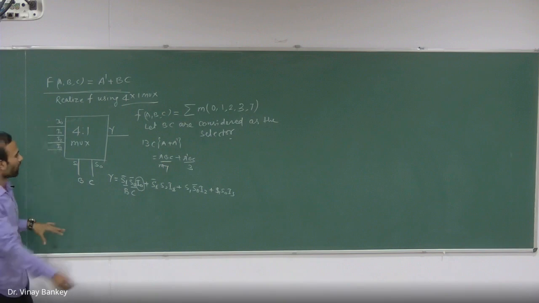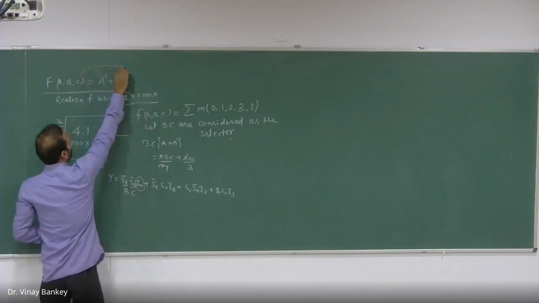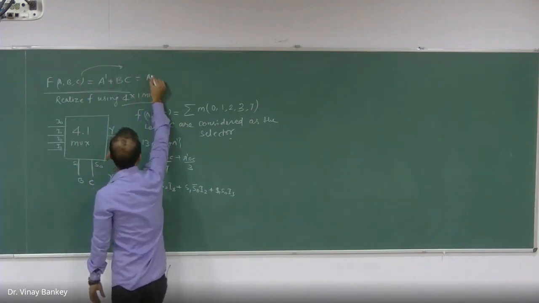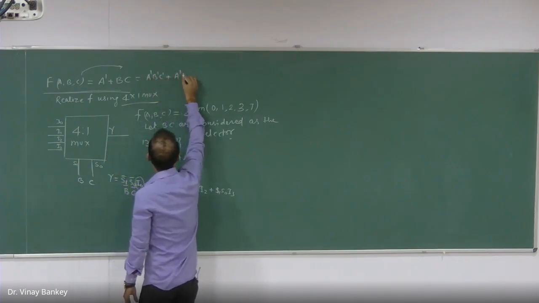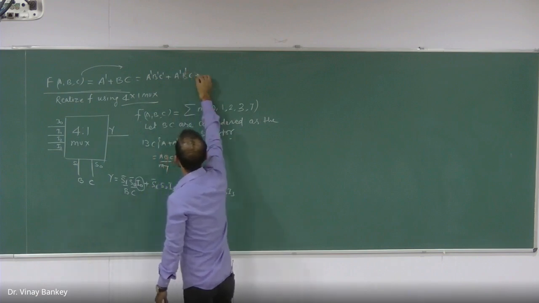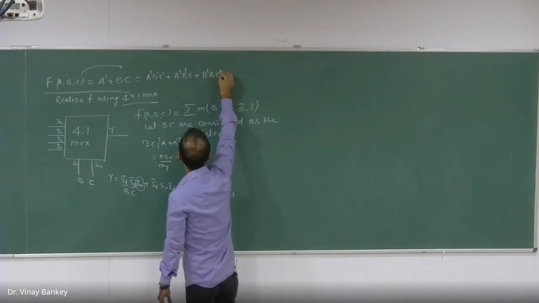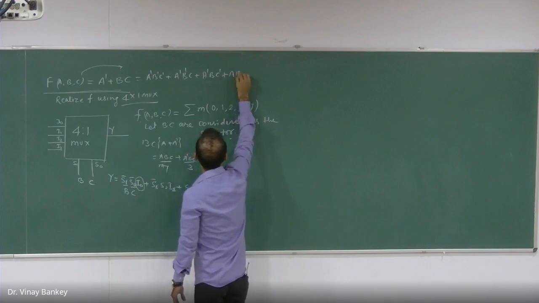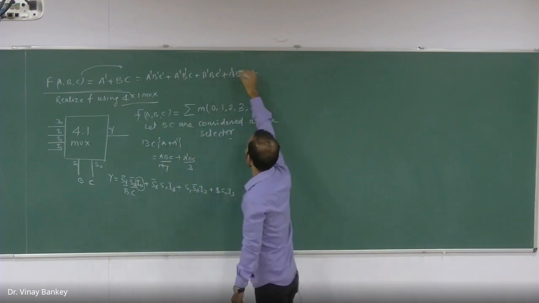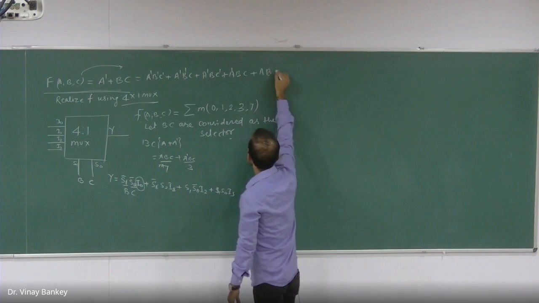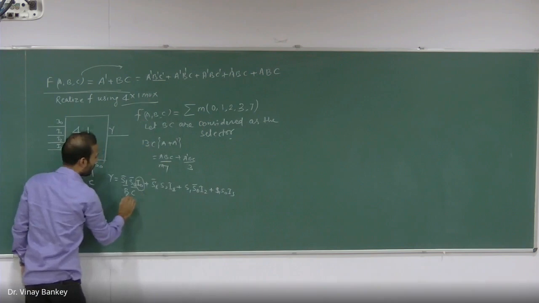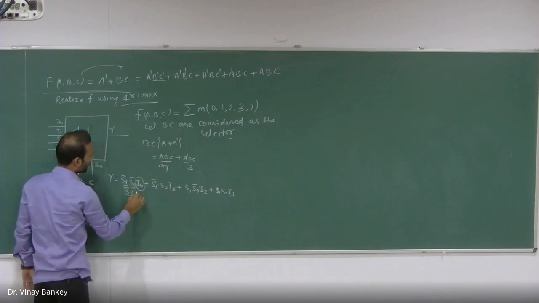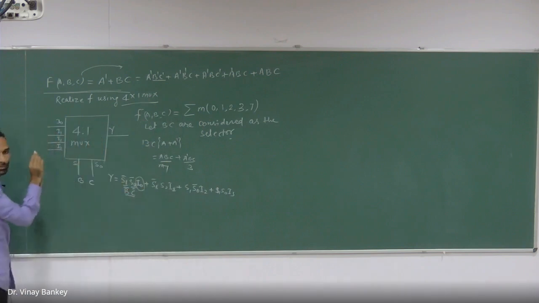If I write this whole equation in the form of Boolean function, I can write A bar B bar C bar plus A bar B bar C plus A bar B C bar plus A bar B C plus again A B C. So for B bar C bar, I0 should be connected to A bar, correct?